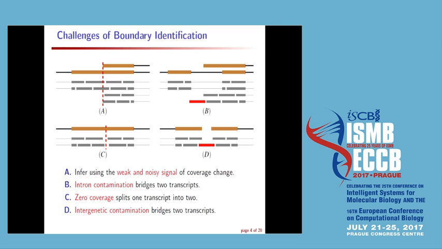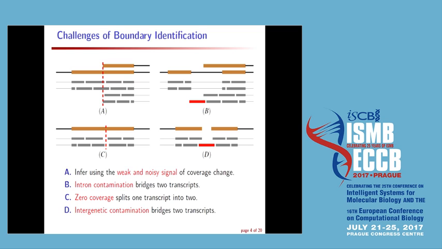The second case is that if a new transcript starts in the middle of an intron, and there is some intron contamination that connects these two exons, then it's very likely that we will miss identifying this start boundary. The third case: if in the middle of an exon there is a region that is not covered by any reads, then we might report two false positive boundaries.